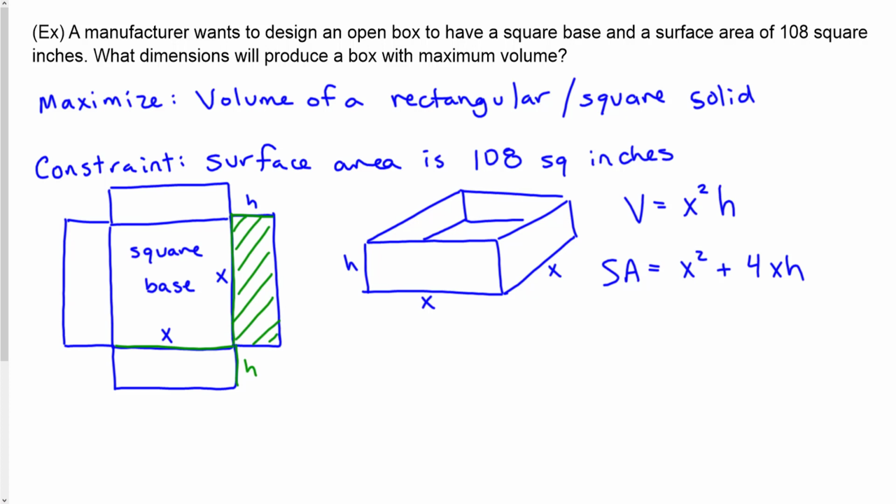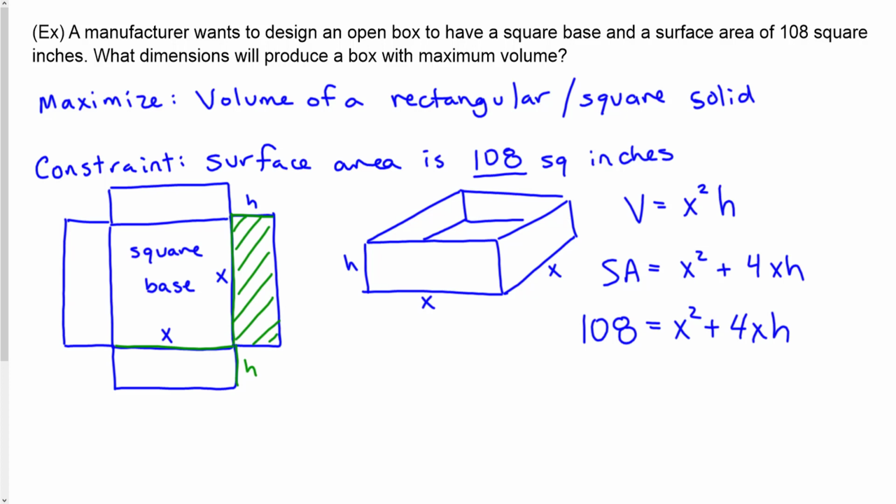Now, there is a constraint on the surface area. It's that the surface area can only be 108 square inches. So 108 is x squared plus 4xh. What we would need to be able to do at this point is rewrite this equation so that we can get one variable in terms of the other variable.